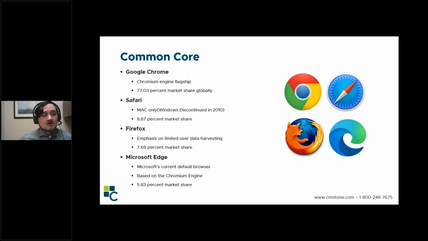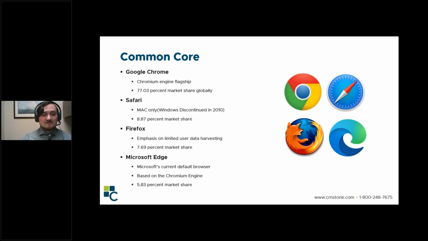But first, let's talk about Google Chrome. Google Chrome is one of the browsers on this list that is not native to any operating system, which means you have to download and install it to use it as a browser. But surprisingly, it's got 77.03% market share globally, which means it is dominating the market. It is dominating partly because it made its source code, the bit that makes the web browser work, online for developers to use.